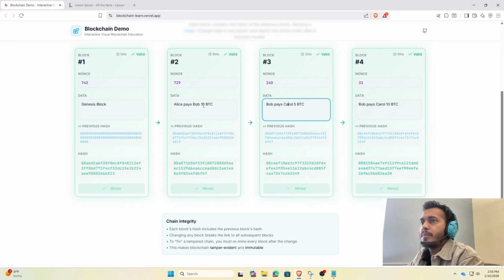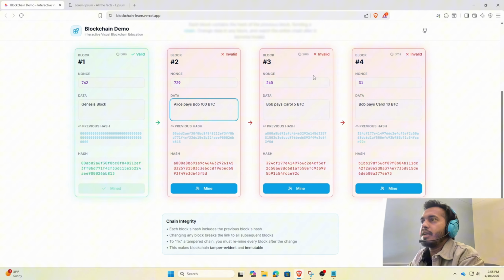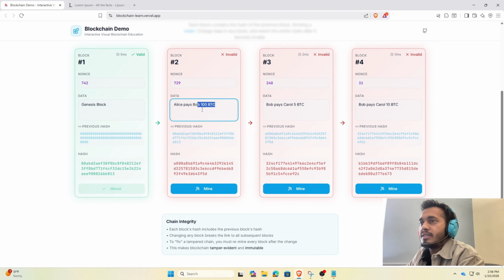So if I make any change here, like changing Alice to Bob 10 BTC to 100, immediately the block where I made the change and all the subsequent blocks after it become invalid. Whenever I make a change here, it changes the hash, and this new hash is used here, so it does not match the previous hash. Now it produces another new hash here in block 2, and this hash is used as the previous hash in block 4.